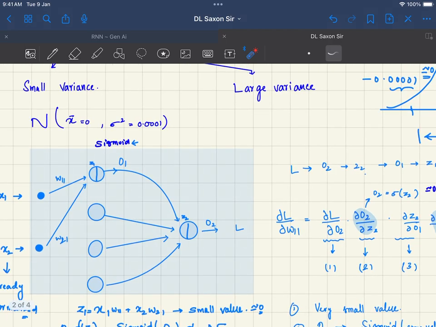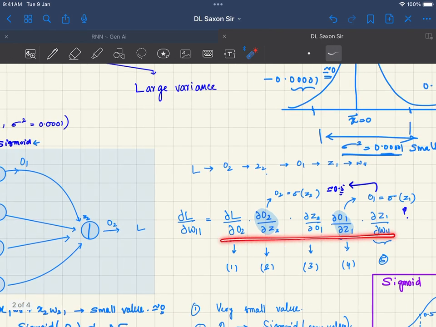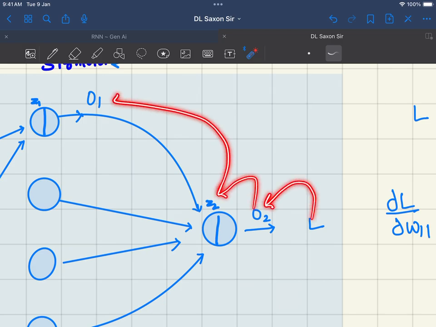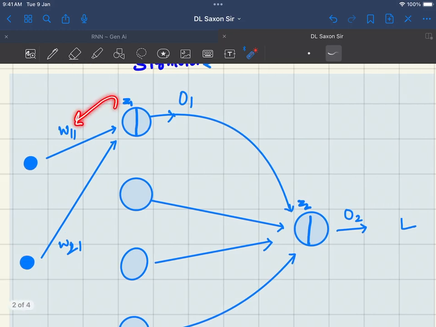In backpropagation, let's say we want to update the value W11. How do we do that? We have dou L by dou W11. Using the chain rule of differentiation, we can write it in this form. How does it come? Because loss depends on O2, O2 depends on Z2, Z2 depends on O1, O1 depends on Z1, and Z1 depends on W11.